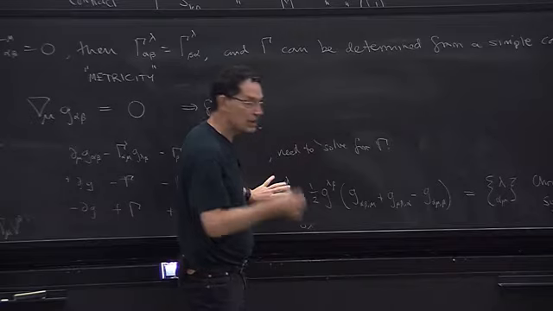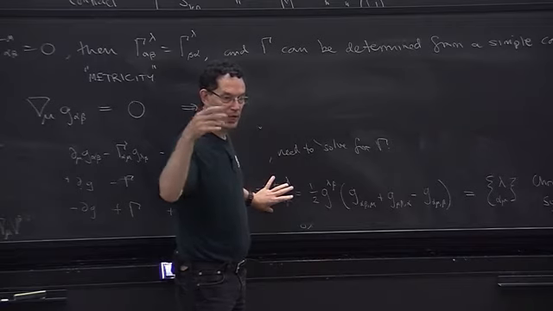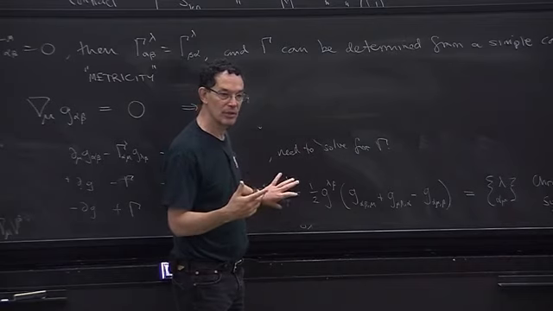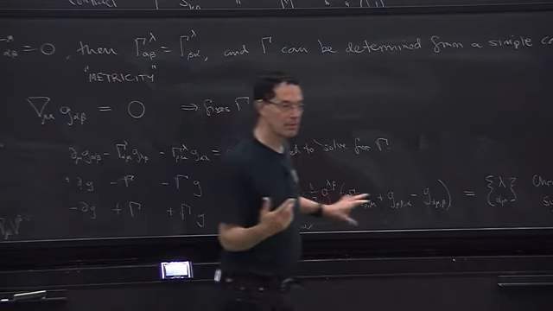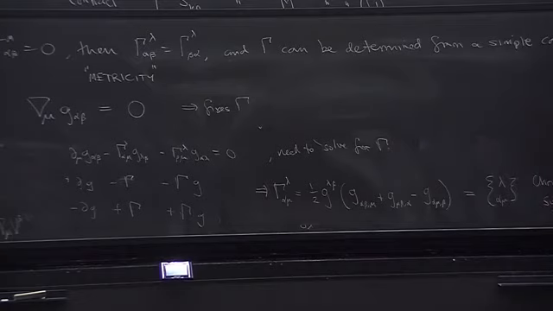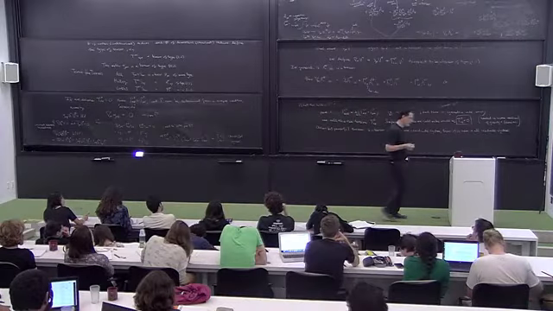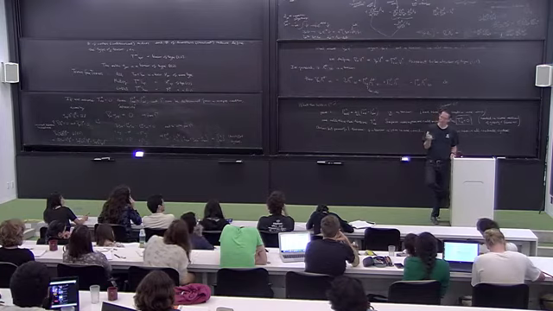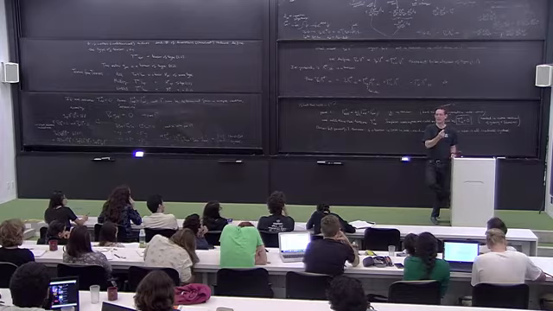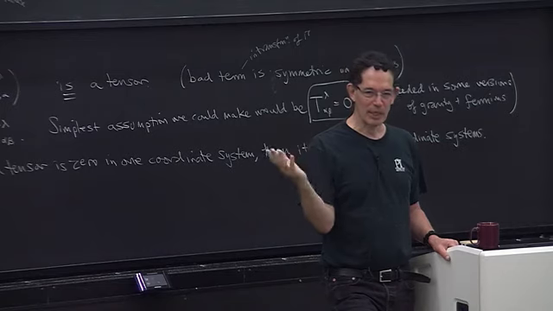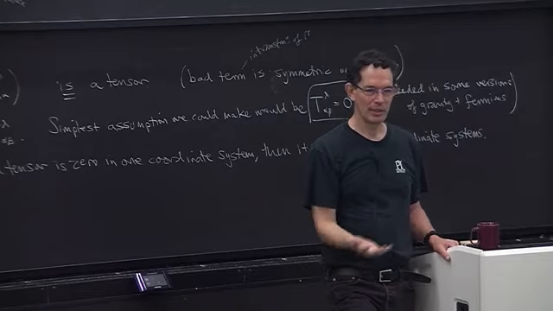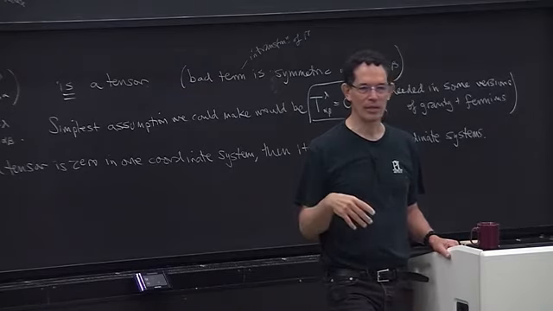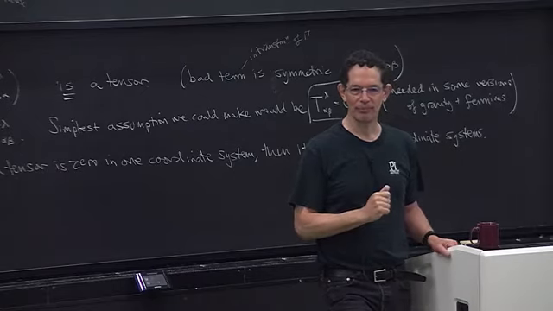Okay? And just like the field strength is d mu A nu minus d nu A mu, Riemann is some kind of anti-symmetrized derivative involving gamma. These are very close parallels. So I hope as you understand the subject, you will realize that Maxwell was the one who made the big breakthrough. When Maxwell found how to write the laws of physics as a set of PDEs with this huge symmetry, that was a very, very profound impact. And Einstein was doing nothing more than just doing that for gravity.